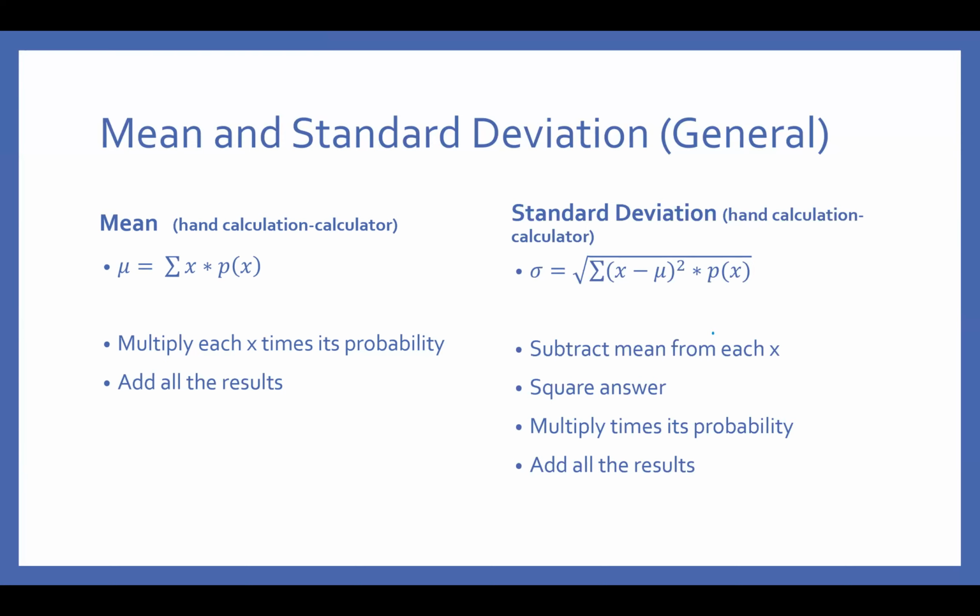And I've given you the formula, and then I've tried to write out in words what you're supposed to do. To find the mean, we multiply each x times its probability, and then we add those values up. The standard deviation is a little bit more complicated. We subtract the mean from each x, square the answer, multiply it times its probability, and then add the results.